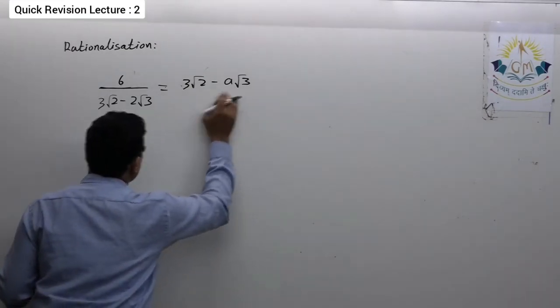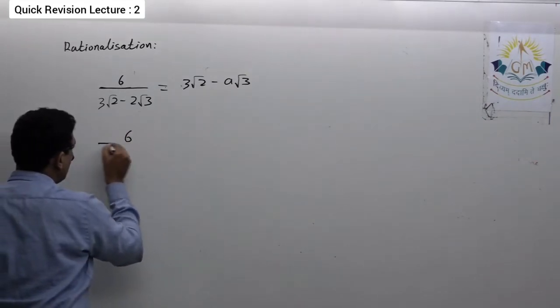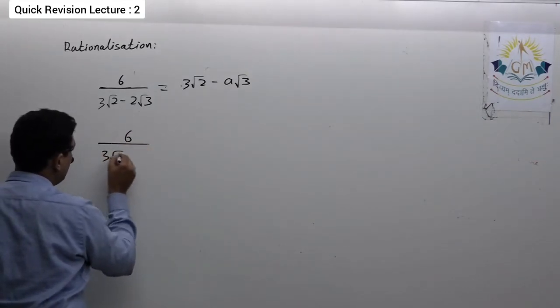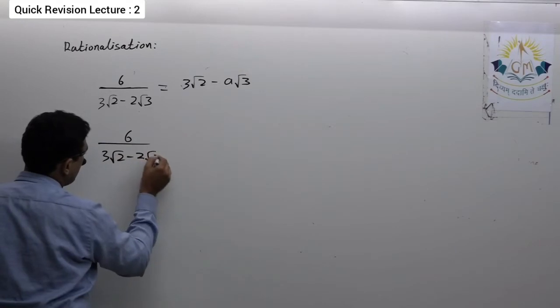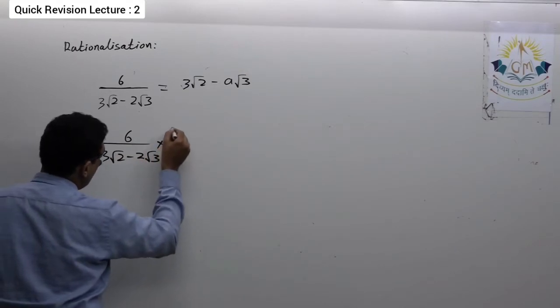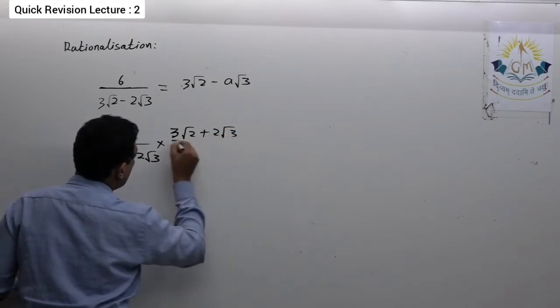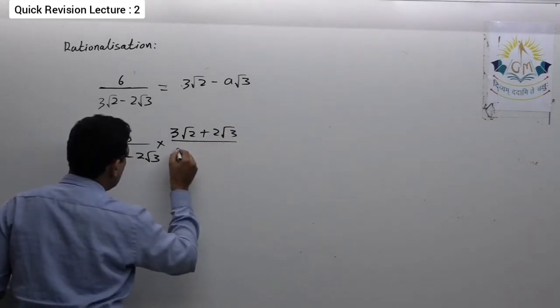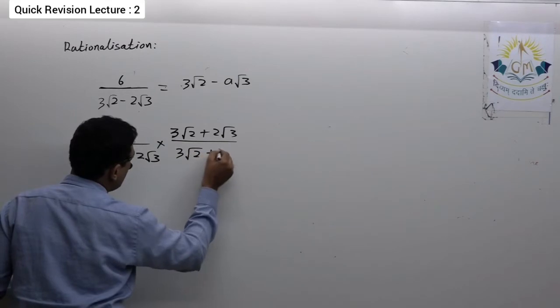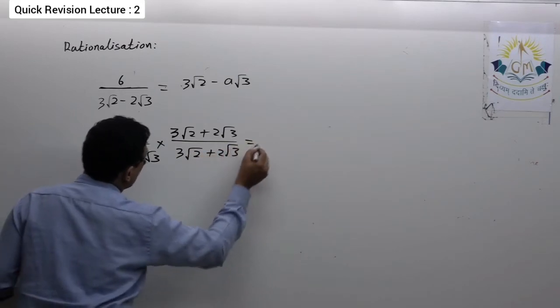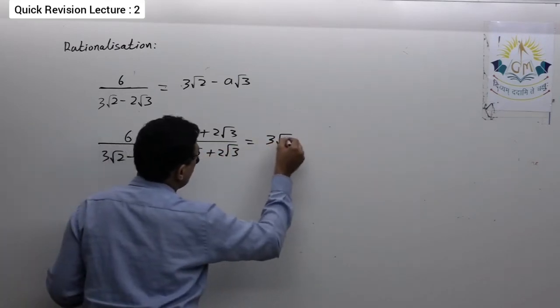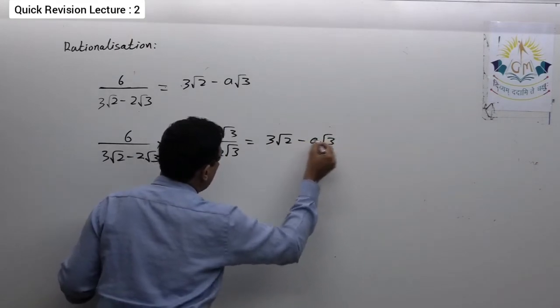So we'll start the same way, we'll rationalize the denominator. For that we'll multiply the numerator and the denominator by the conjugate of the denominator, and as this is equal to 3 root 2 minus a root 3, I write it as it is.